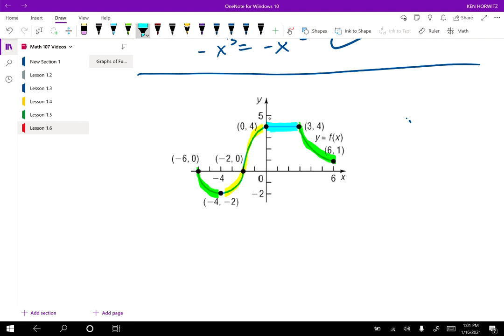All right, but the question is, what do I do with a point like this? You're not really going up at that point. You're not really going down at that point. All right, this point is called extrema. It's called relative extrema.